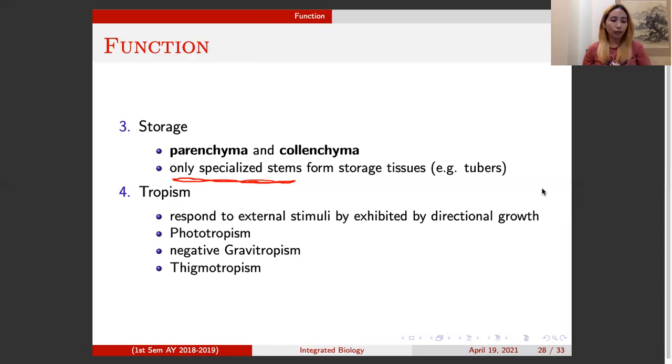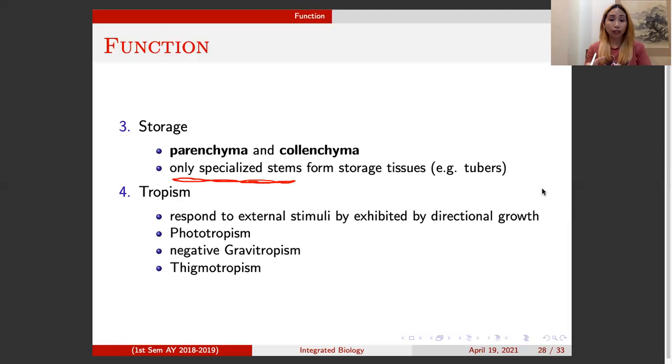Okay, and of course, stem can also function in terms of tropism. Tropism is the response of a plant towards an external stimuli. Okay, and normally tropism are directional response. Okay, so we have phototropism kung saan the plant follows the area where there is more light.